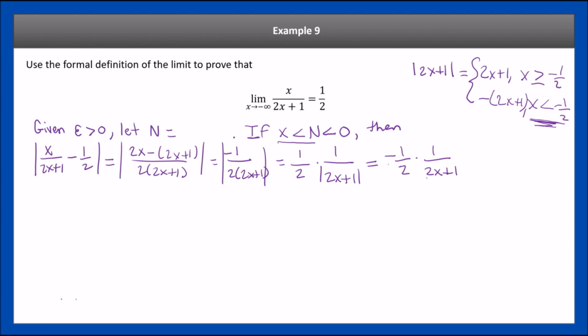First off, we know that x is less than n, which means that 2x is less than 2n, sorry, and then 2x plus 1 is less than 2n plus 1, right? Because if you multiply both sides by a positive quantity, it doesn't change the inequality. If you add 1 to both sides, the inequality remains unchanged.